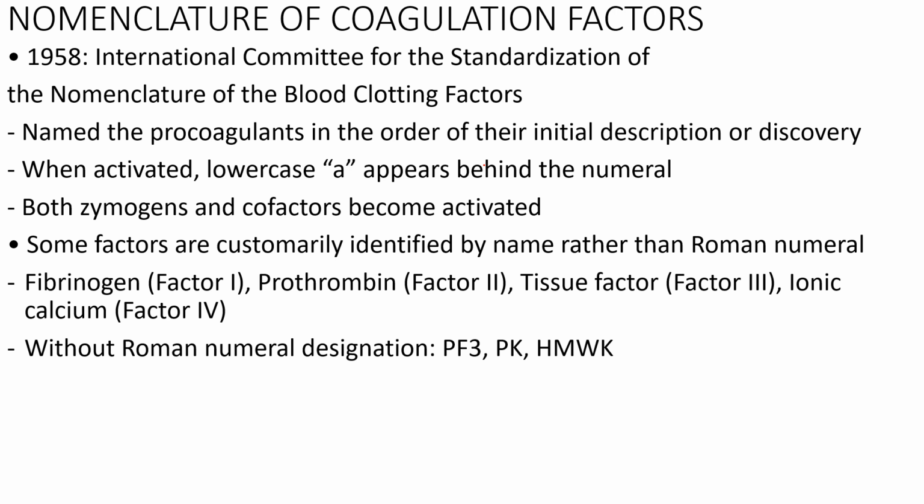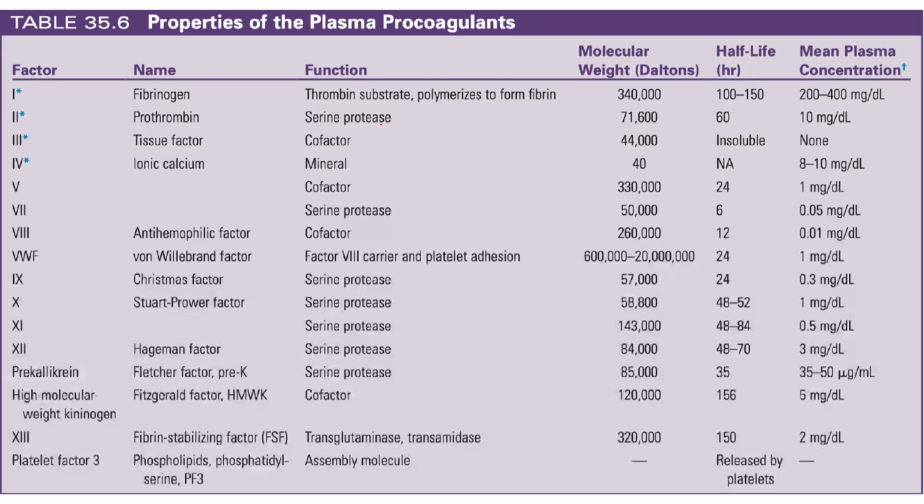Without Roman numeral designation are your platelet factor 3, prekallikrein, and your HMWK. So remember this, class: those coagulation factors without Roman numeral designation are your PF3, PK, and HMWK.